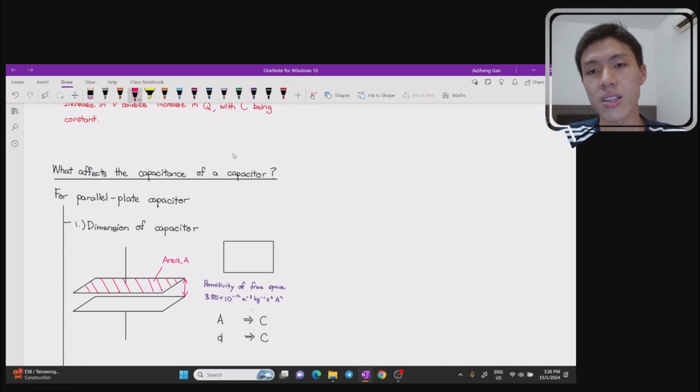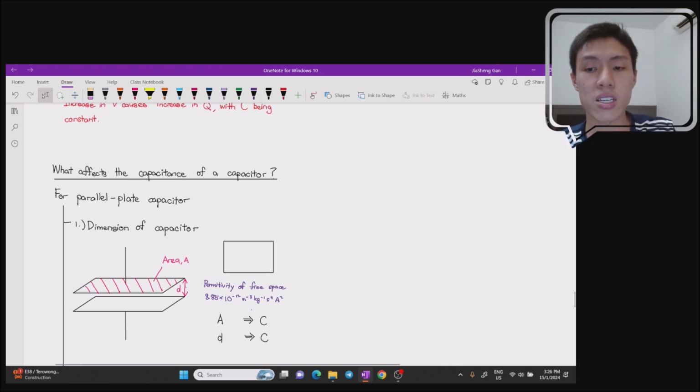The next thing you need to be careful about is this D over here, which is the distance between the positive plate and the negative plate of the capacitor. These two are important dimensions, because by making the area of the capacitor wider, you will change the capacitance.